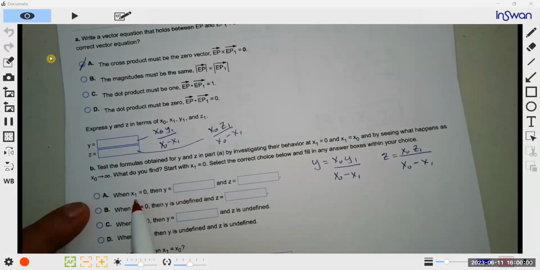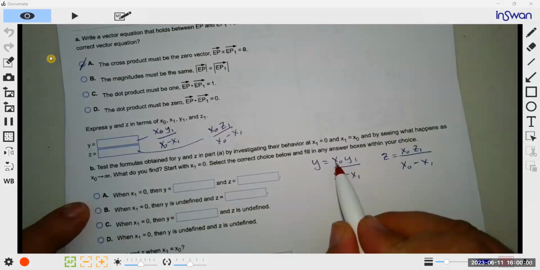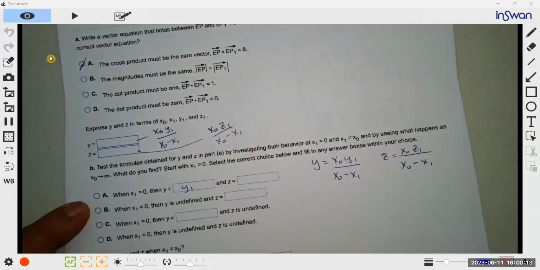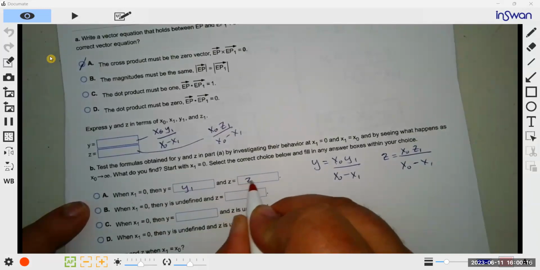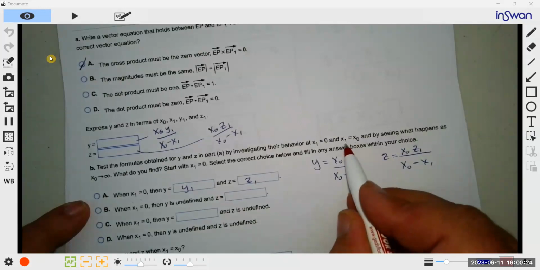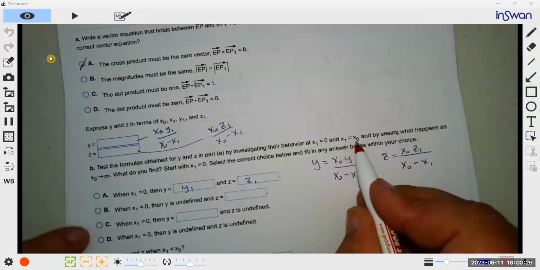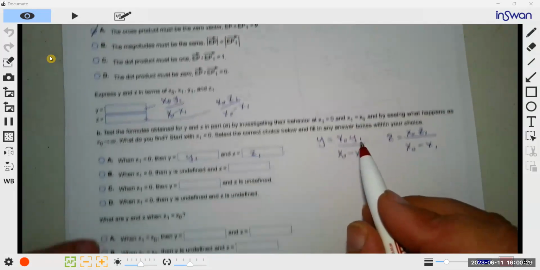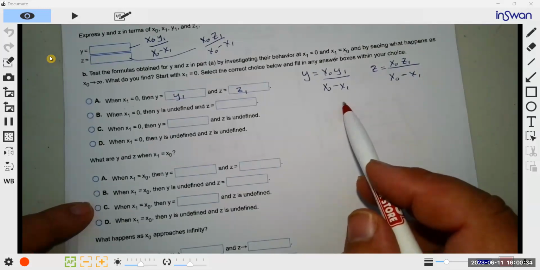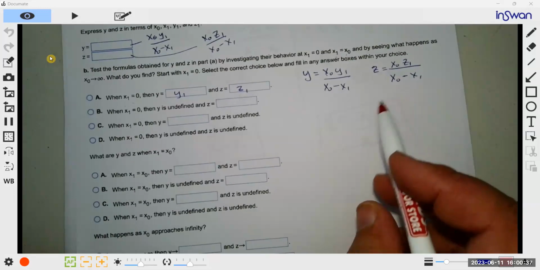So y becomes y1 and z becomes z1. If x1 becomes x0, then the bottom goes to 0 and they're both undefined.